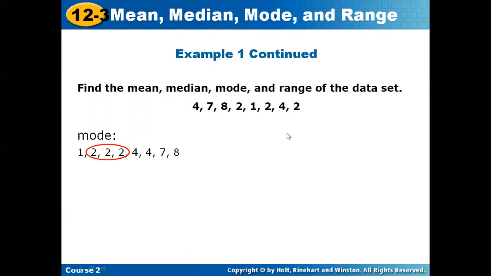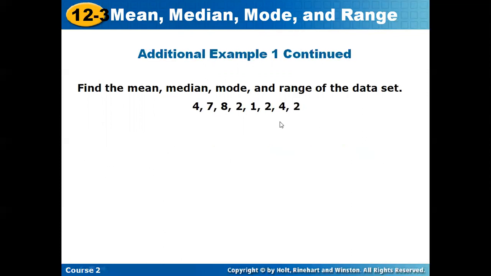Since 2 occurs most often, the mode here is 2. But in a given set of data, if those numbers occur exactly the same number of times, like for example they occur only once, there will be no mode in that set of data.